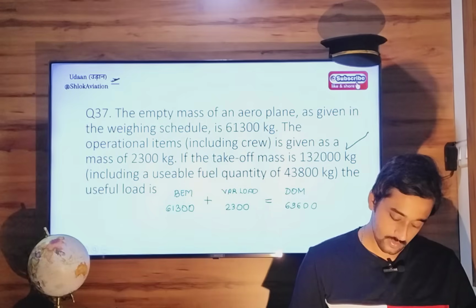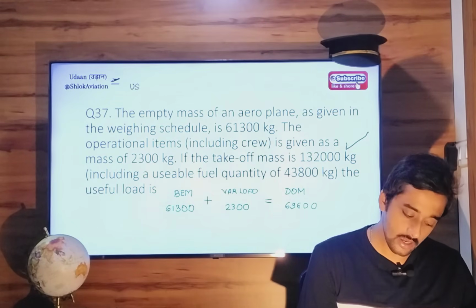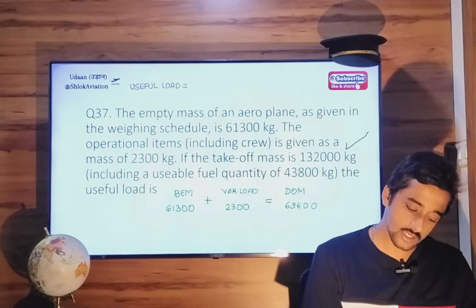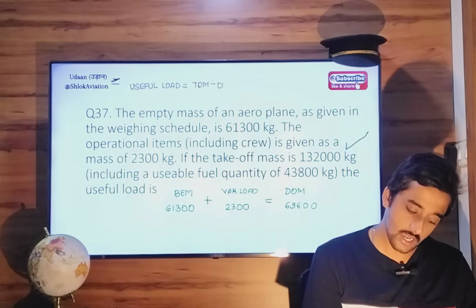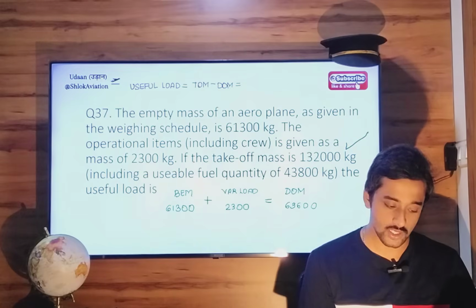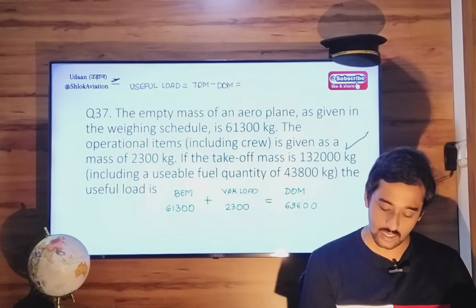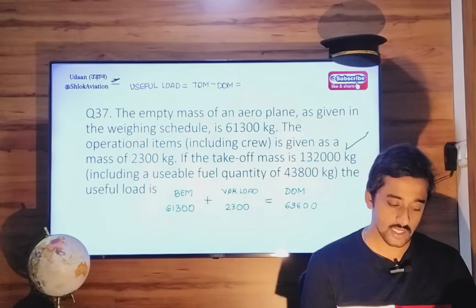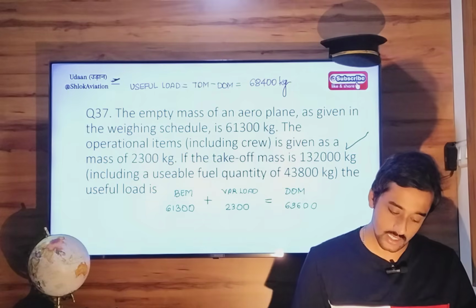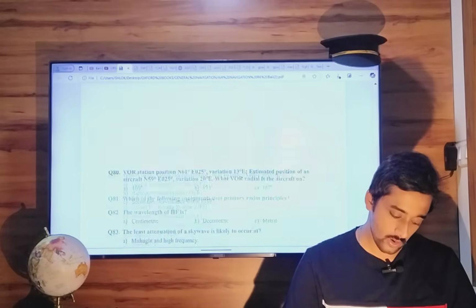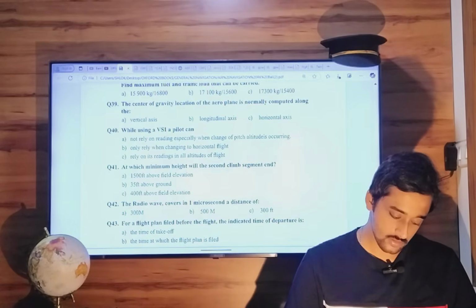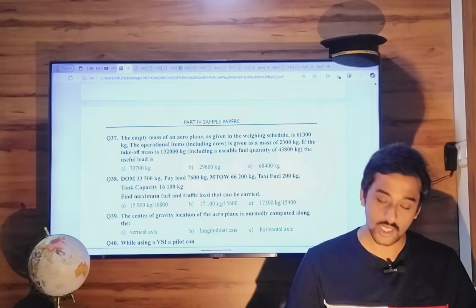Next step, useful load will be takeoff mass minus dry operating mass. So 132,000 minus 63,600 is equal to 68,400 kg. So 37 is Charlie.